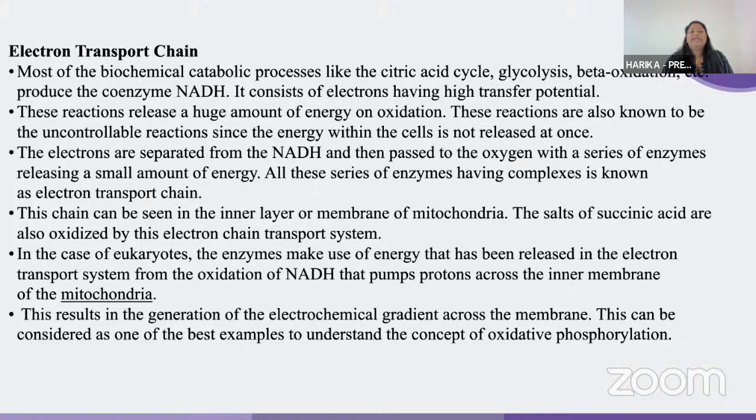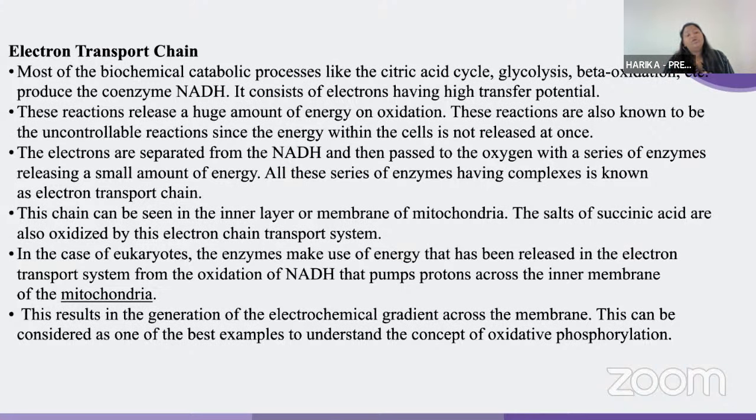Next, the electron transport chain. Most of the biochemical catabolic processes like the citric acid cycle, glycolysis, beta oxidation, etc., produce the NADH coenzyme, which carries electrons having high transfer potential. So these reactions release an abundance of energy on oxidation.